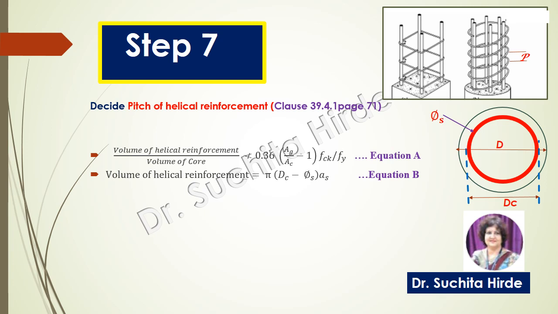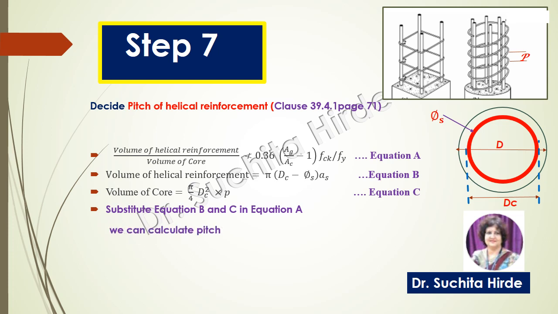As is area of that helical reinforcement. (dc minus phi s) is diameter of helix. Now volume of core, which is in the denominator, is equal to pi by 4 dc square into pitch. dc is diameter of core. So if you substitute equation B and C in equation A, we can calculate pitch using this formula. Now for exam point of view, you have to remember this formula of pitch.